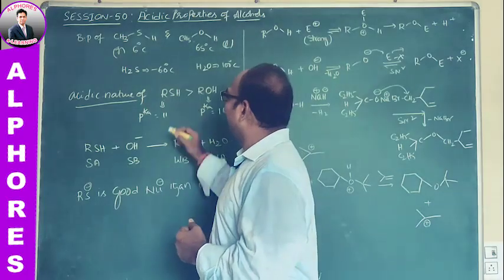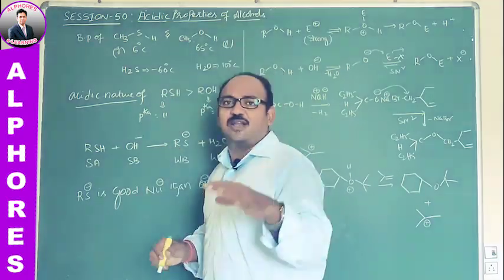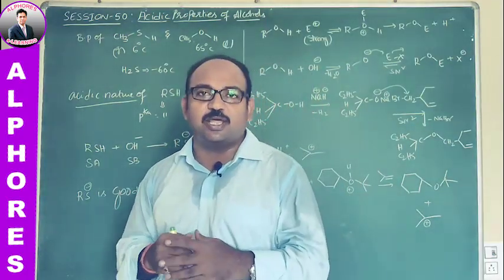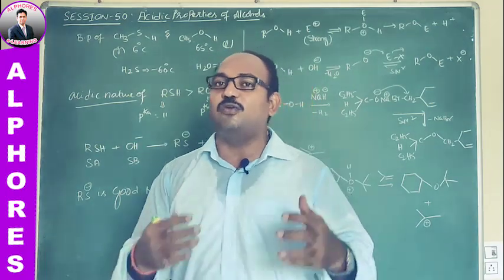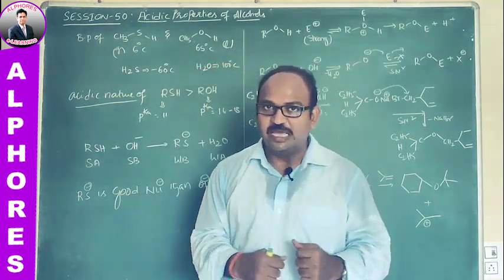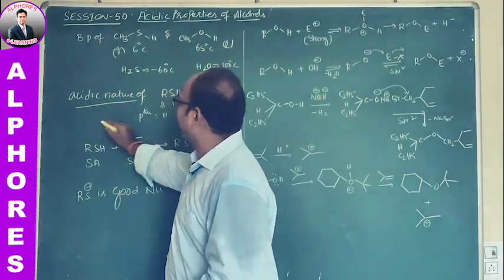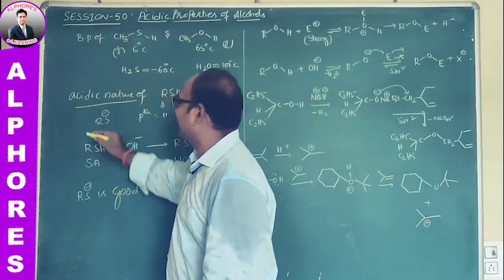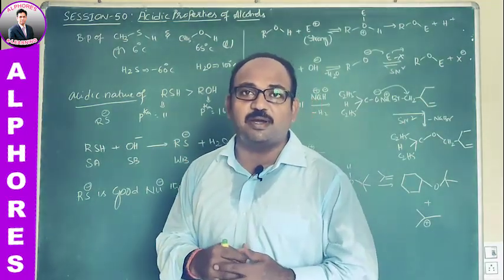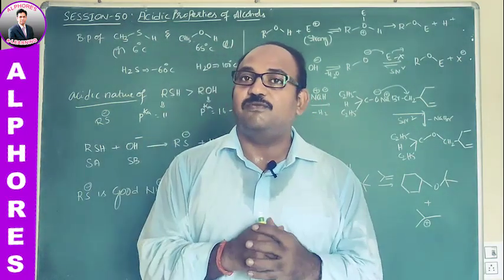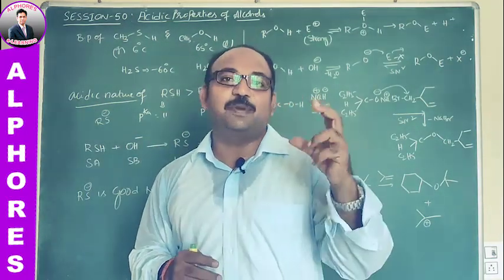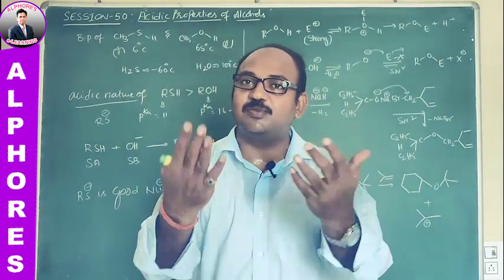Let's come here. Acidic nature depends not only on bond polarity but also on conjugate base stability. In the case of RSH, after losing a proton, it converts into RS minus, where the negative charge is located on the large sulfur, so resultant repulsions are less and stability is more.